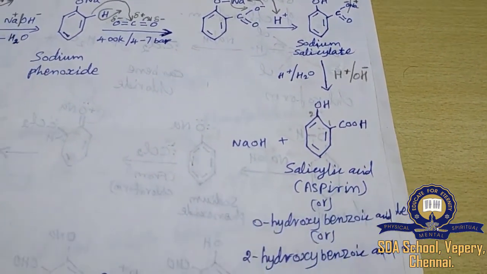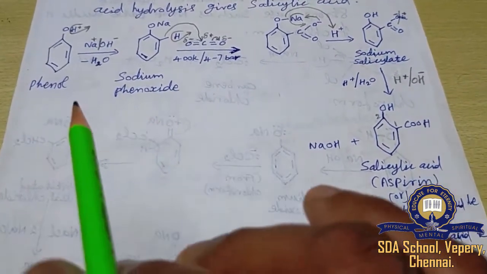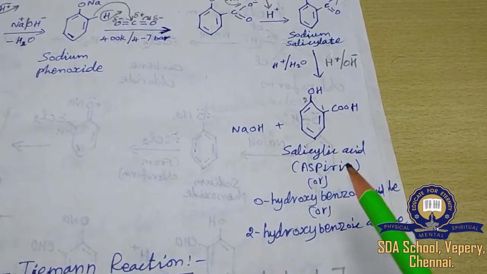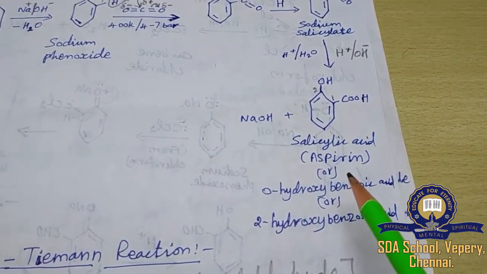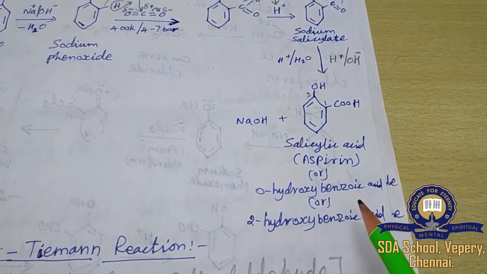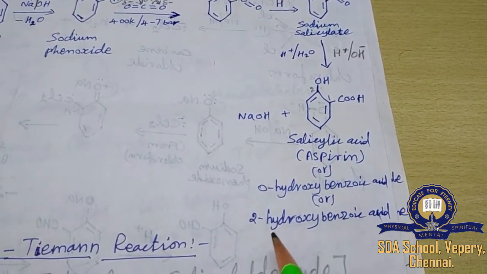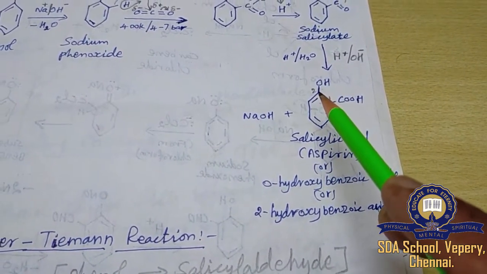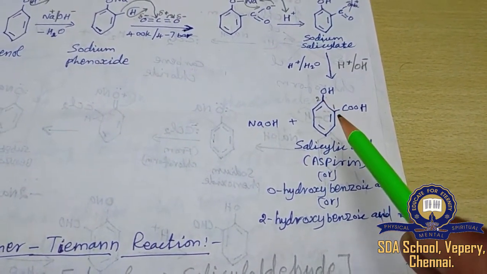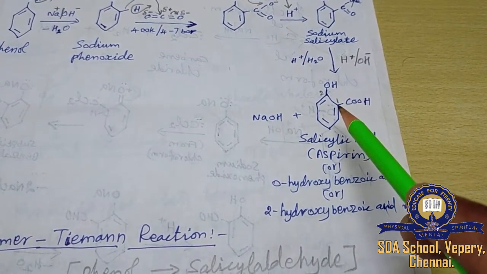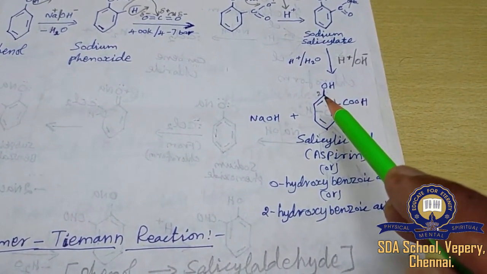In such a way, phenol is allowed to react with carbon dioxide to give salicylic acid, which is called aspirin, or else called ortho-hydroxybenzoic acid, or otherwise called 2-hydroxybenzoic acid. With respect to the carbon having the carboxylic acid, that carbon is referred to as number 1 and this will be number 2.